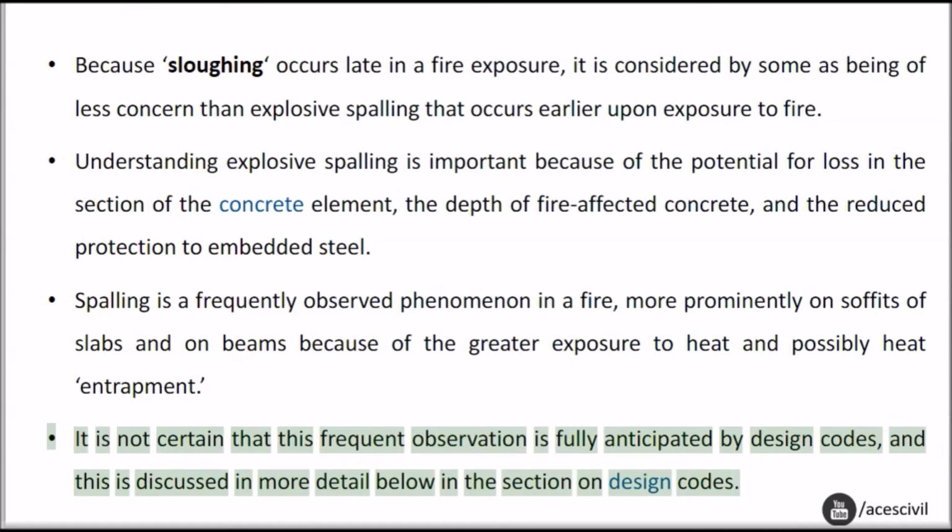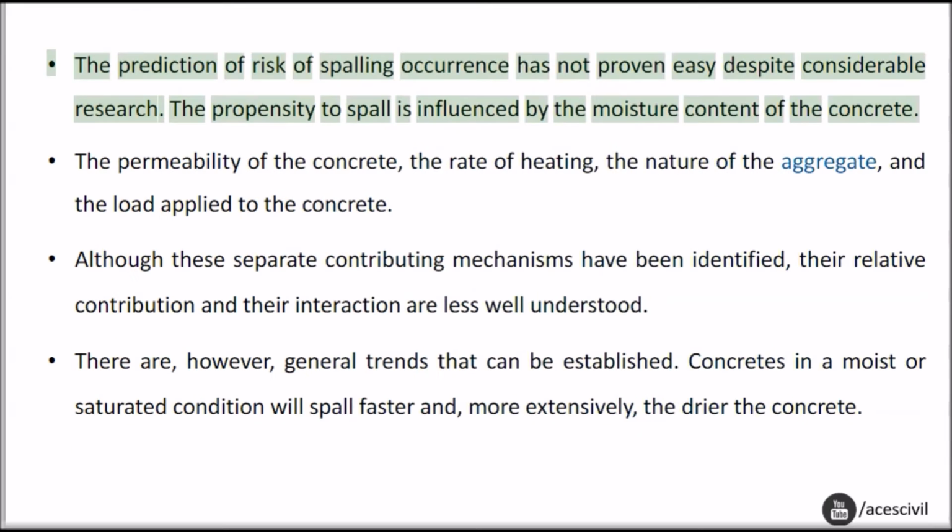It is not certain that this frequent observation is fully anticipated by design codes, and this is discussed in more detail below in the section on design codes. The prediction of risk of spalling occurrence has not proven easy despite considerable research.